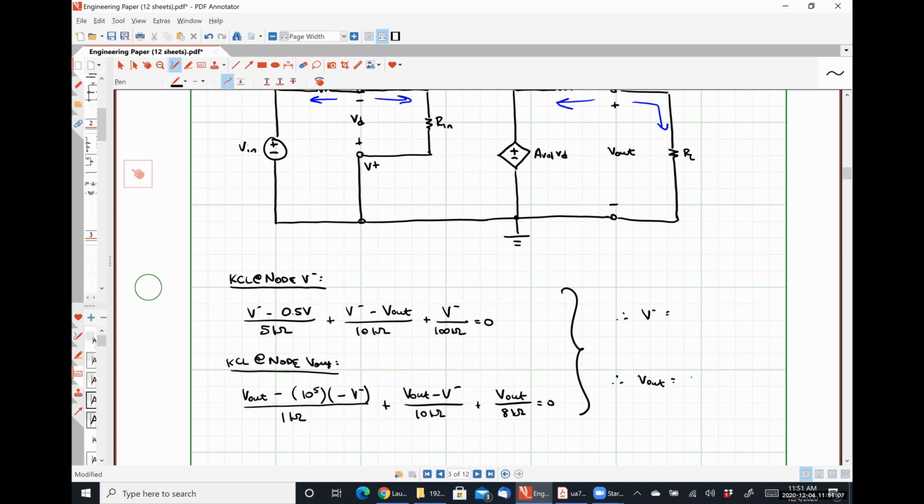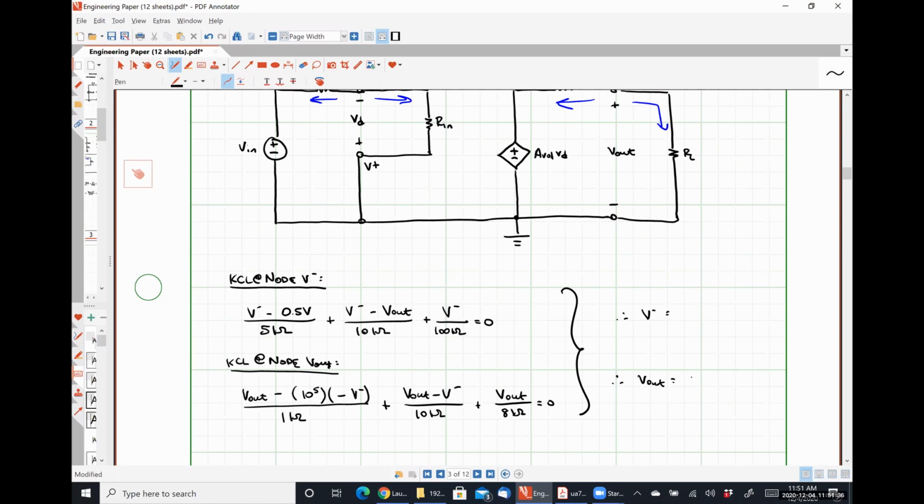So, two equations, two unknowns. My coefficient for the inverting input terminal voltage is 1 over 5,000 plus 1 over 10,000 plus 1 over 100,000. My coefficient for my output voltage is -1 over 10,000.